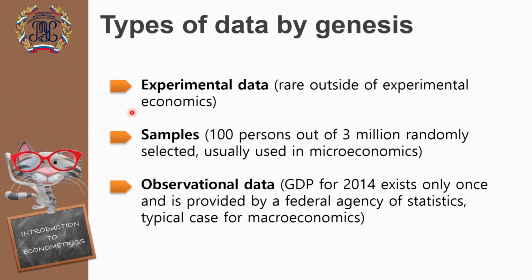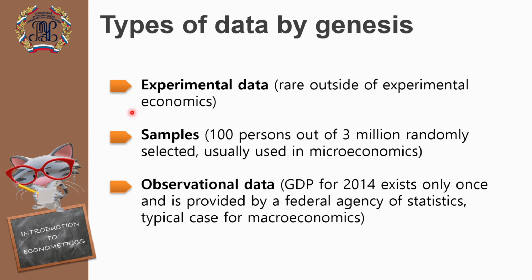Finally, let's consider types of data by their genesis. And the first type is experimental data, which is very rare outside of experimental economics, which deals with setting experiment designs and making firms or individuals act according to some scenarios with some constraints, limitations, some features, and so on.